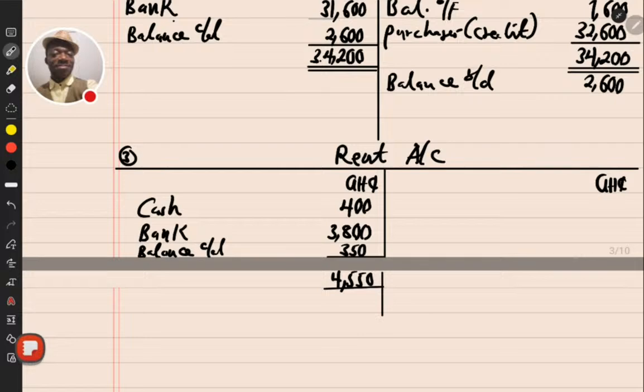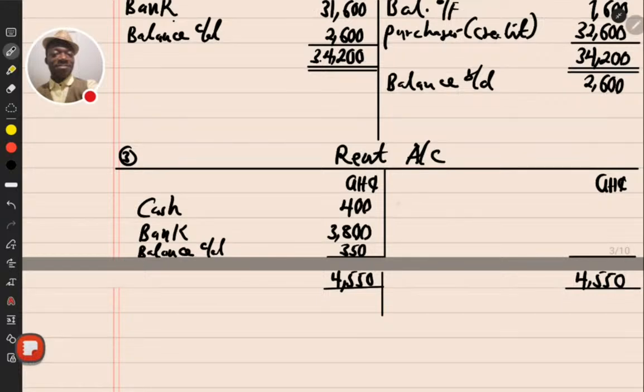That means both debit and credit will get a total of what? 4,550. So we'll have 4,550. Right? Dash, nothing there. So that means the difference is supposed to be what? The same as 4,550.